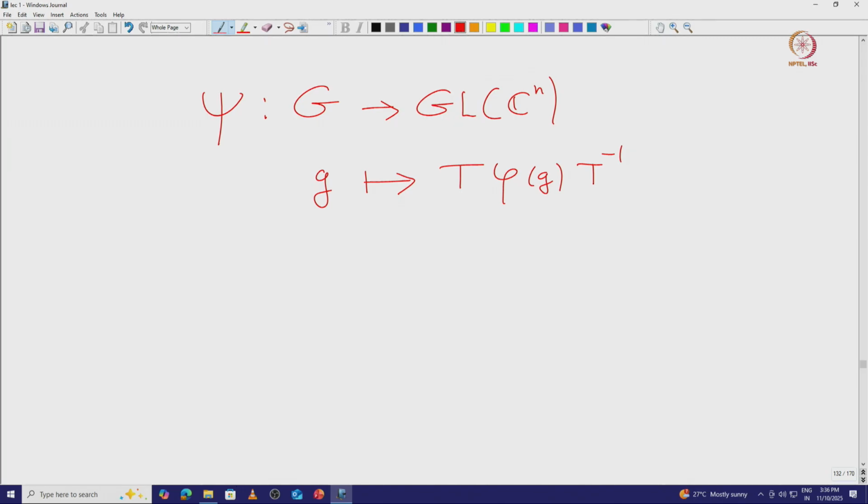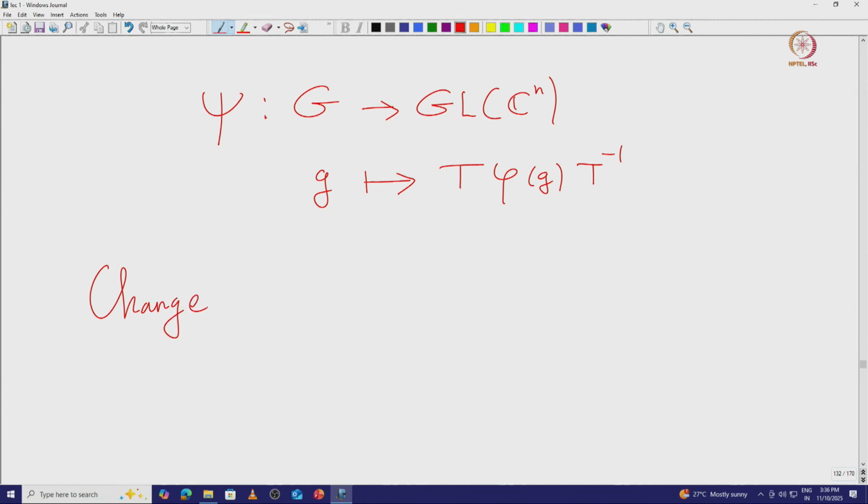But as far as the representations are concerned, we do not want to treat this as a new representation. For example, we may change the basis again. So this is again some change of basis.